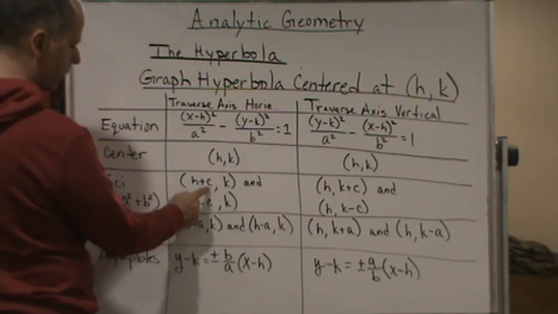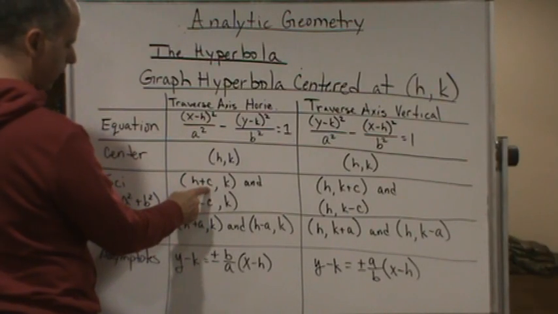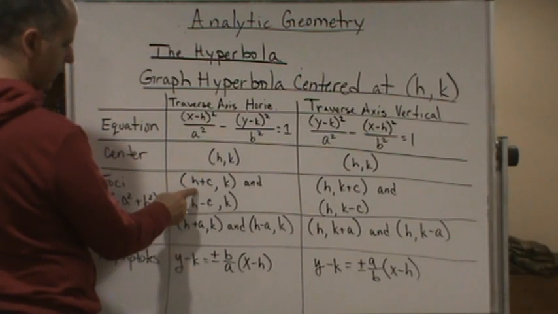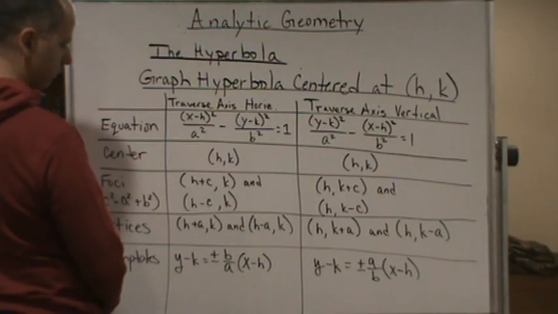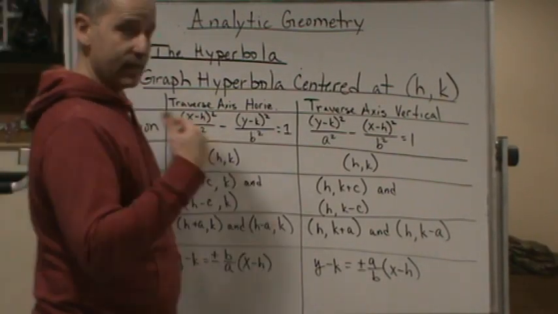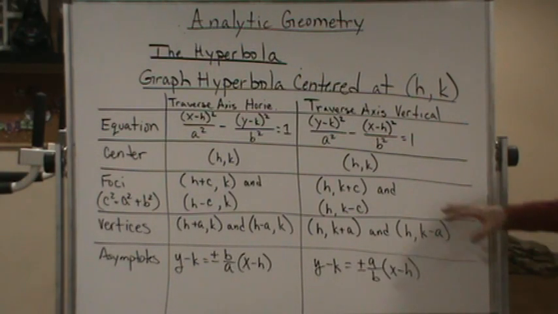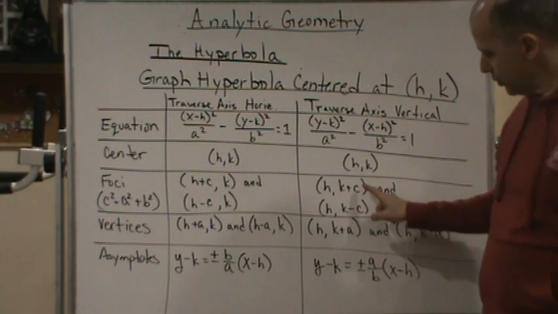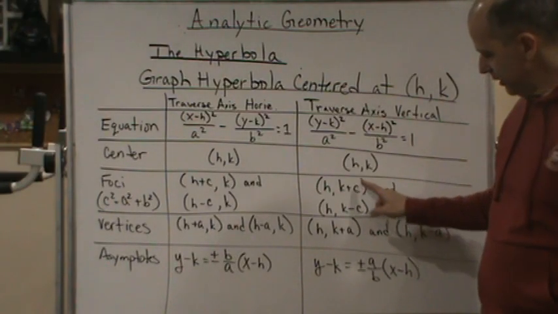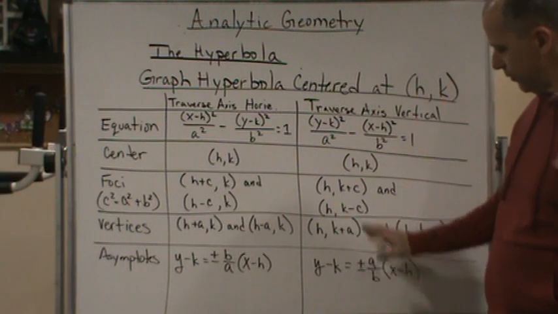All we're doing is taking the distance the foci are from the center. That's what we're adding and subtracting to get them. So we're starting at the center, and then adding and subtracting the c value in the x direction. Now, if we're in the vertical direction, we're adding and subtracting c, the distance to the foci, in the vertical direction for the y.